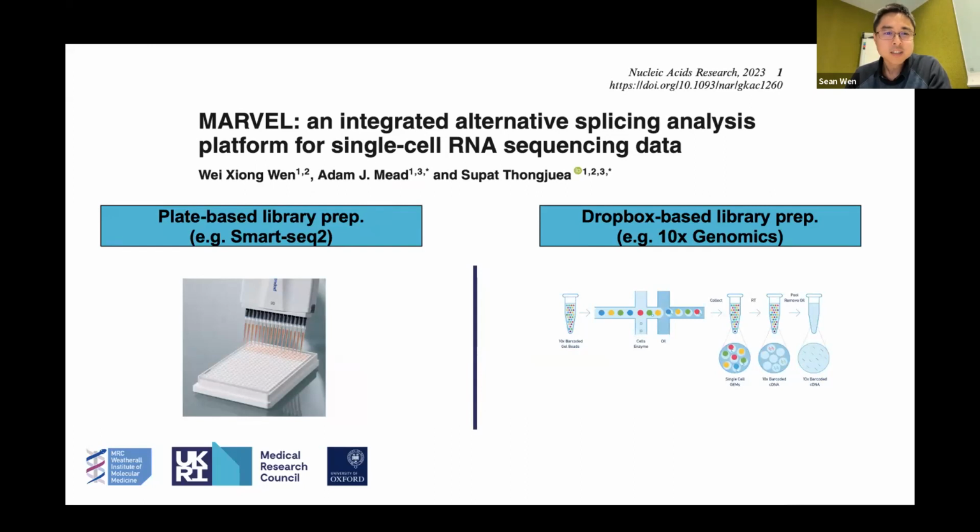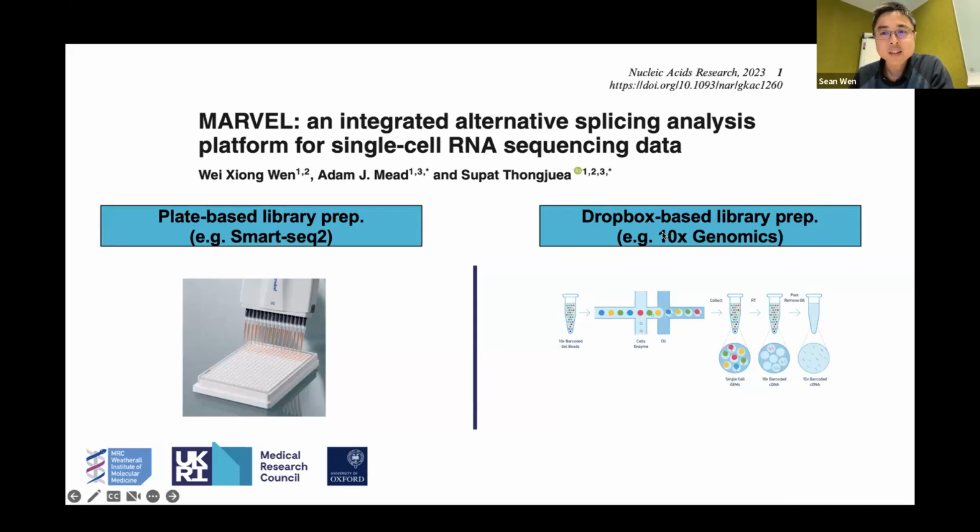Marvel is designed to analyze single cell RNA sequencing data that is derived from two main library preparation platforms. On the left-hand side is a library preparation platform which is plate-based, such as SmartSeq2. The reason why it's called plate-based is because every single cell would need to be manually or semi-automatically processed using a 384 or 96 well plate.